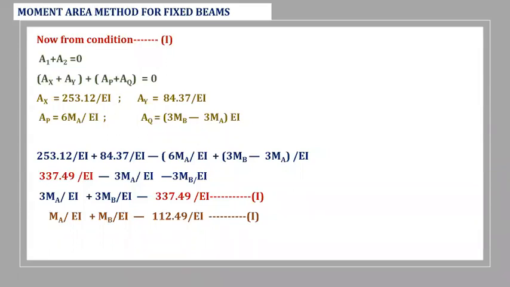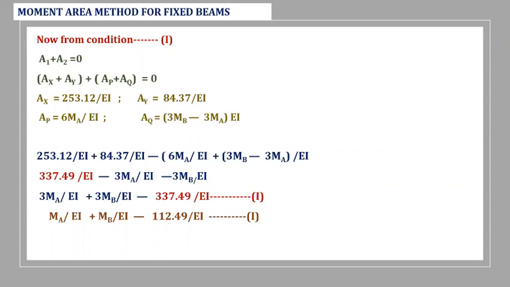The first portion AP is minus 6 MA plus, by EI, 3 MB minus 3 MA. Now 253 plus 84, 337.49, minus 6 MA plus 3 MA. So that is 3 MA. Next one is the plus 3 MB. Plus into minus 3 MB by EI. So again, if we divide it, I will change the sign convention.